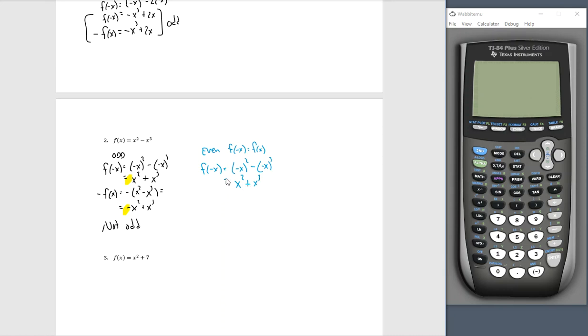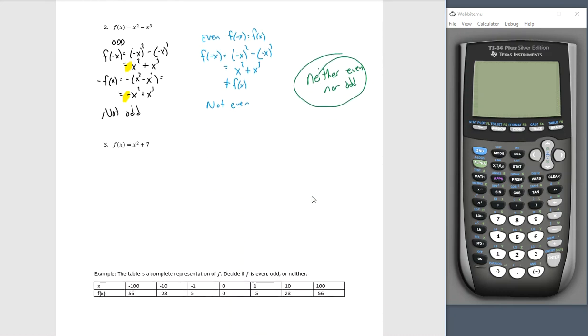And I see that x squared plus x cubed is not equal to f of x, so this is not even. Since this function is not even nor odd, this is neither even nor odd. And that's it. We have to test for both in order to determine if it's neither.